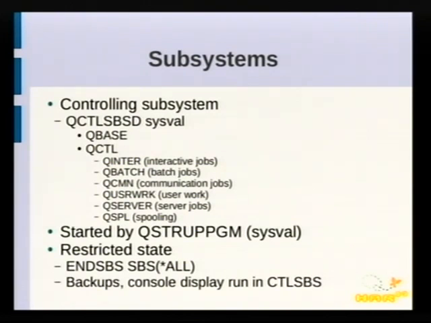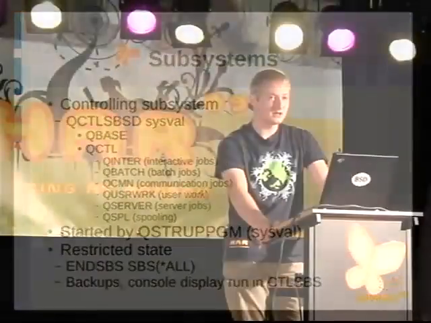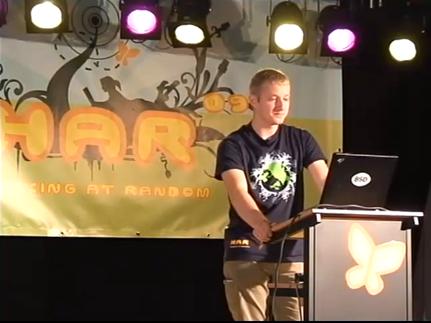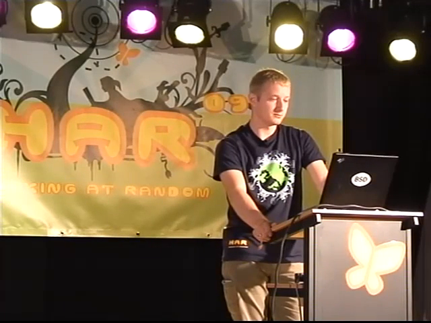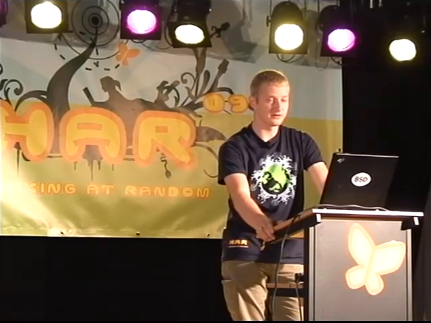There is one big controlling subsystem on the system, and the system comes by default with these two controlling subsystems. You can set them in a system value, and the QCTL subsystem will create all these subsystems, and the QBASE subsystem will only create a part of those, a subset.